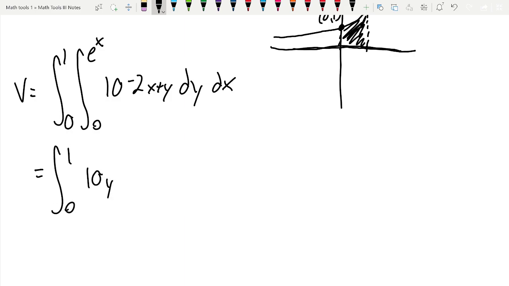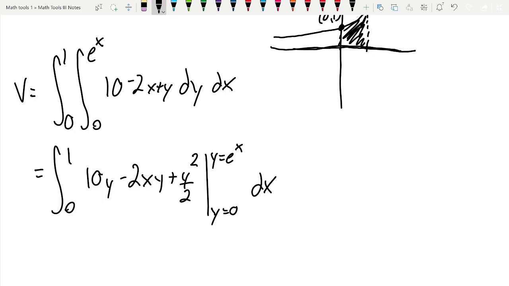So this will be 10y minus 2xy plus y squared over 2 from y equals 0 to y equals e to the x, dx.